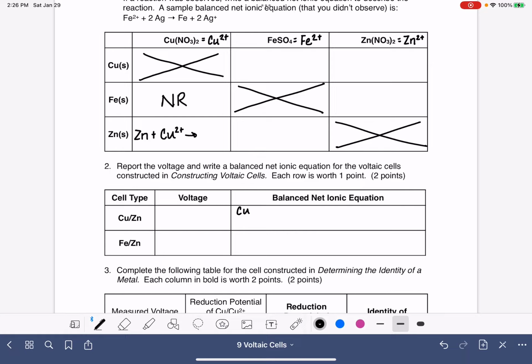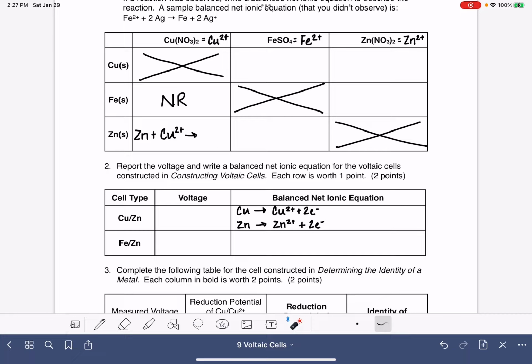One of the possible half reactions is the copper going to copper 2 plus and 2 electrons, and the other possible half reaction is the zinc going to the zinc 2 plus ion and 2 electrons. Both of these are written as oxidation reactions, but only one of them is actually an oxidation reaction and the other one is a reduction reaction in your cell.